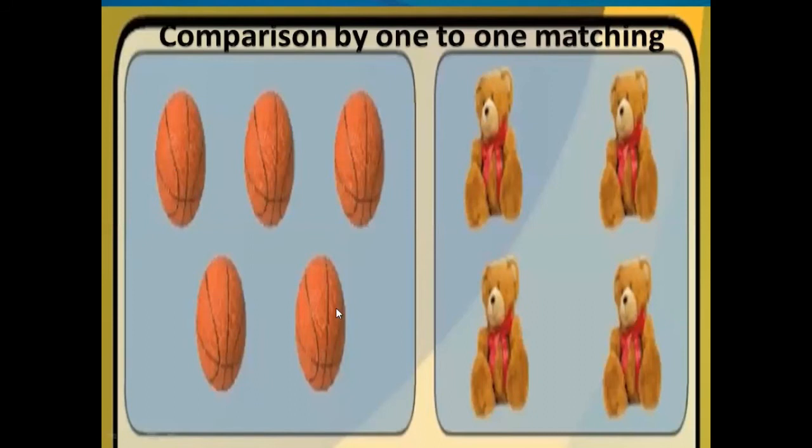There are 5 balls here. And how many bears? Count it. 1, 2, 3, 4. So in one group there are 5 balls, and in the other group we have 4 bears.